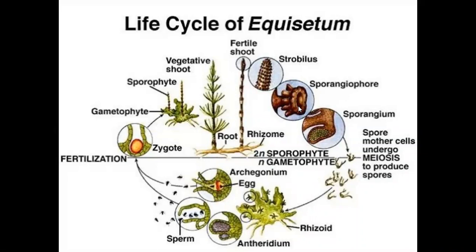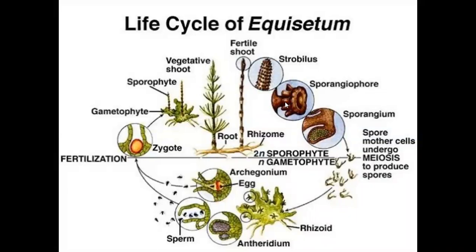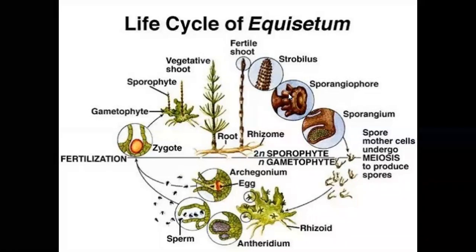Below the umbrella-like structure, oval or finger-shaped structures are present. These are called sporangia. On one sporangiophore, a large number of sporangia are present.